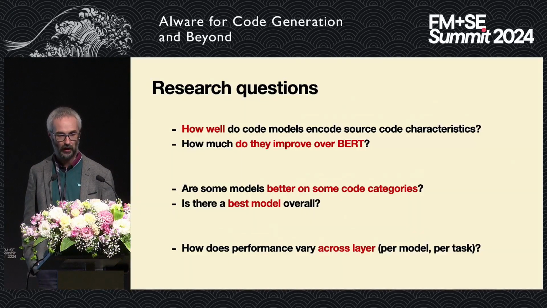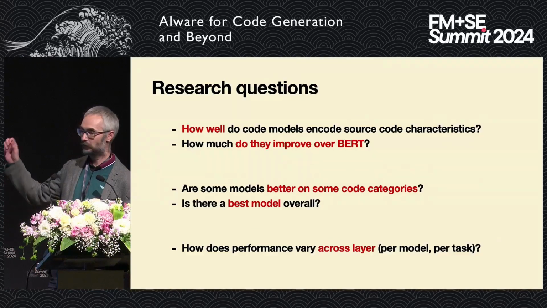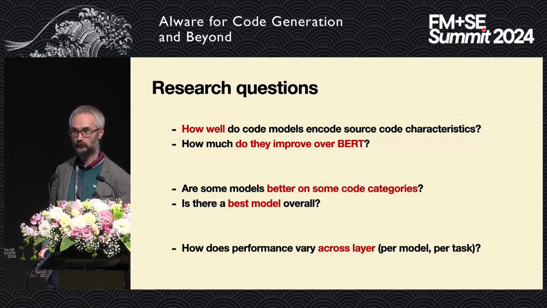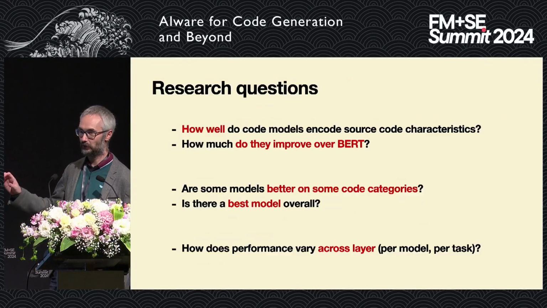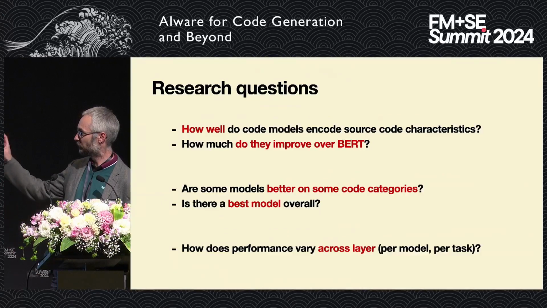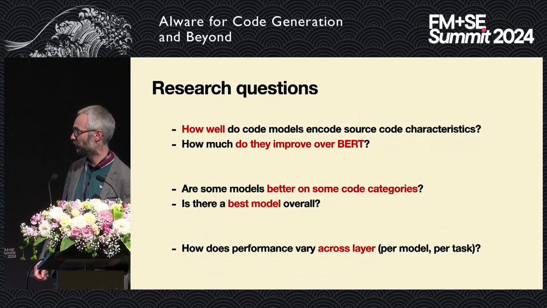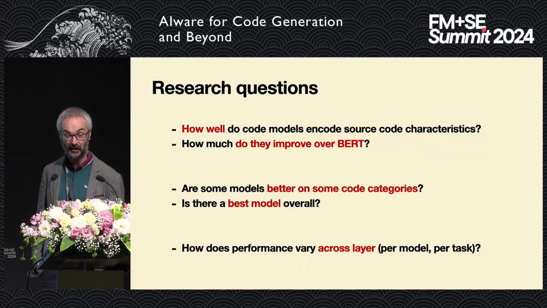So our research questions were: how well do code models encode the source code characteristics? Do they improve over BERT, and how much? That's in general, so basically looking at the best model. Then we looked at the models separately to see whether some models are better on some code categories, if there is a best model overall, and whether the performance varies across layers.